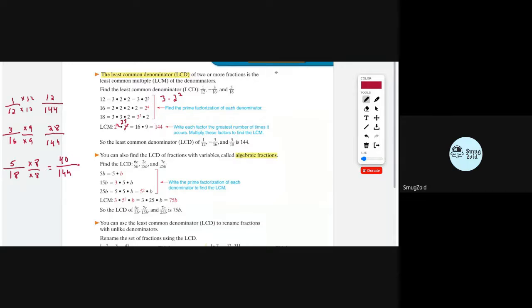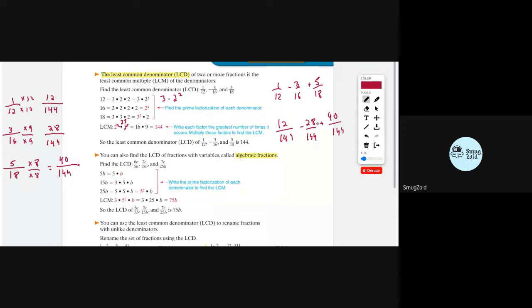So if that was my problem, 1/12 minus 3/16 plus 5/18, I'd use these numbers instead. For 1/12, I put 12 over 144, minus, instead of 3/16, I'm going to use 27 over 144, and then I'm going to add, instead of 5/18, 40 over 144.